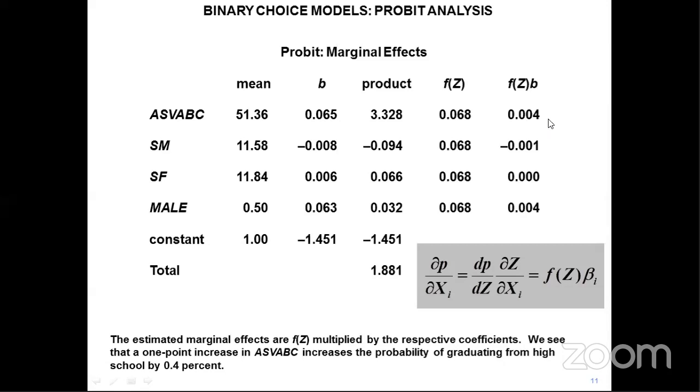So now you have interpreted in terms of percentage. That means only by making use of this marginal effect, you are able to interpret in terms of percentage. So because he has a higher score in the previous class, the probability of graduating increases by 0.04%.